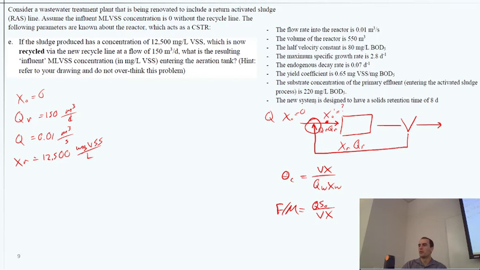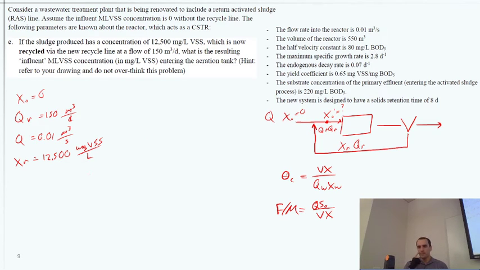Okay, so it's going to be, what's the x that's entering the system here based on the mass balance of the flow and the x values for each of these two influent streams.